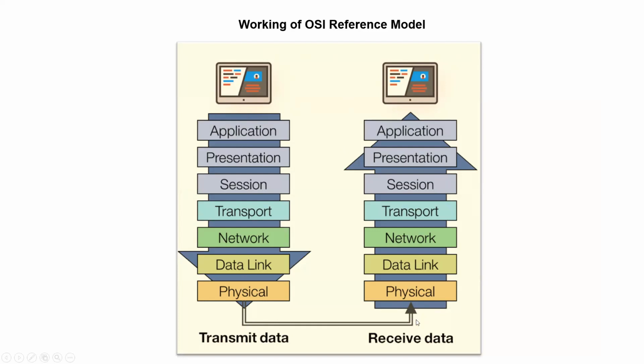This may be the LAN connection, or any wire through which these devices are connected, and the data is transmitted through these 7 layers, physical, data link, network, transport, session, presentation and application. Then that transmitted data we can see in the user interface.